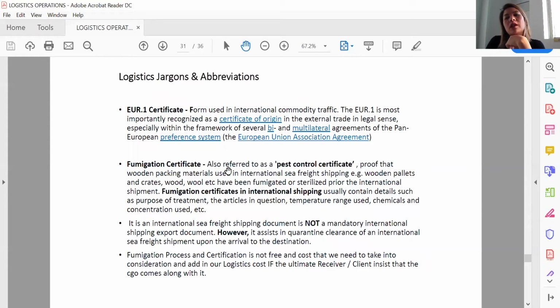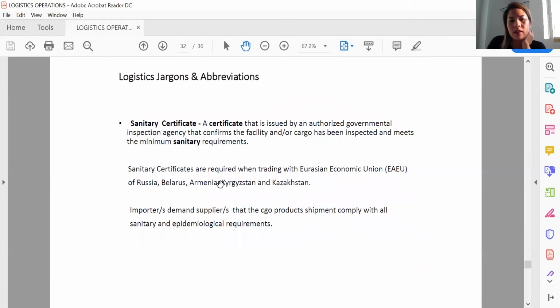If your company is in Europe, then you normally get this to waive off the customs duty. Fumigation certificate, yeah. Sanitary certificate is also sometimes required, especially in EU countries. In CIS countries, they demand that the cargo comes with a sanitary certificate, even in India.